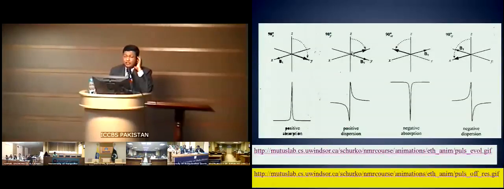If you bring the magnetization vector from this side to the minus x, you see this type of a signal. And if you bring it here, you see a negative absorption. And if you bring it here, you get a negative dispersion. FID is a combination of all of it, because your spin is actually moving on the xy plane. So the detector is actually seeing the whole of it.